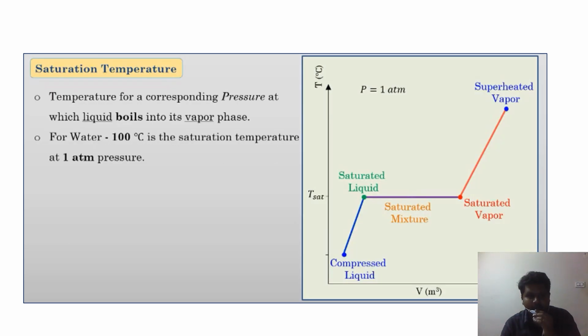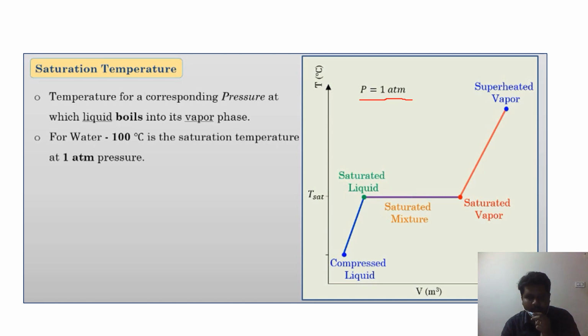Let us begin with saturation temperature. Saturation temperature is the temperature for a corresponding pressure at which liquid boils into its vapor phase. If you look at this TV diagram, it corresponds to constant pressure. The pressure is 1 atmosphere.